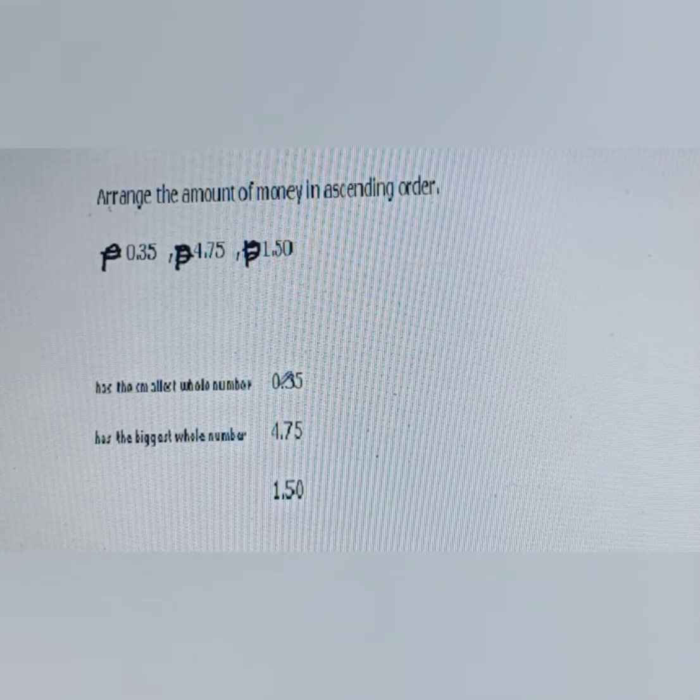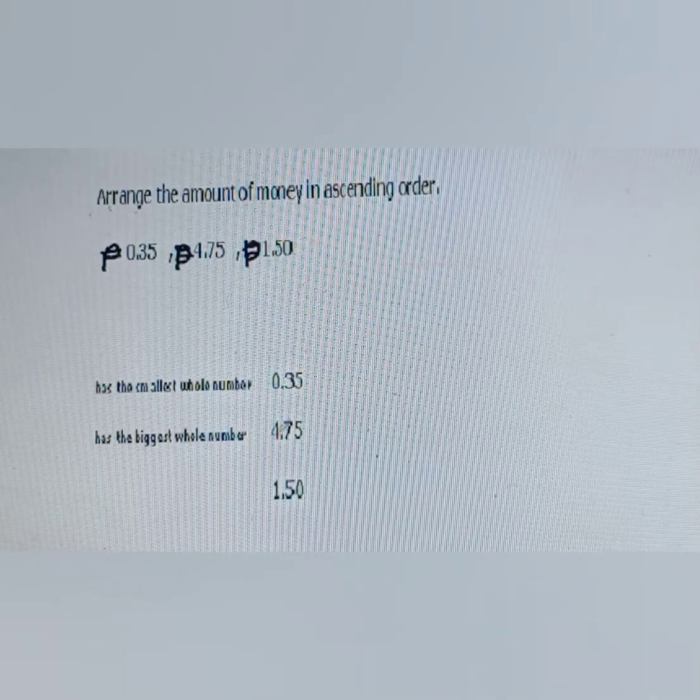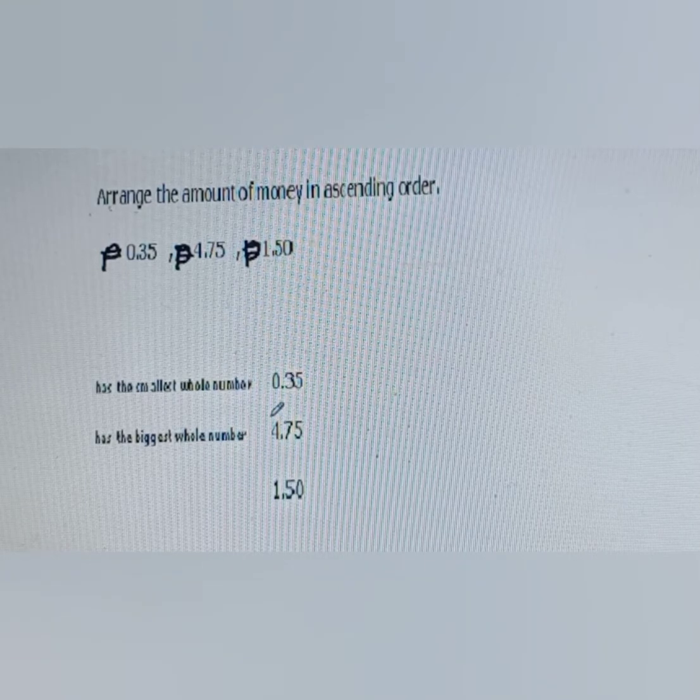The whole numbers here, you have 0. Here we have 4. Here we have 1. Since the whole numbers are not the same, we can say which is the biggest among the three or the smallest, right? Since we will start with the smallest, the smallest of these whole numbers is the 0, right?